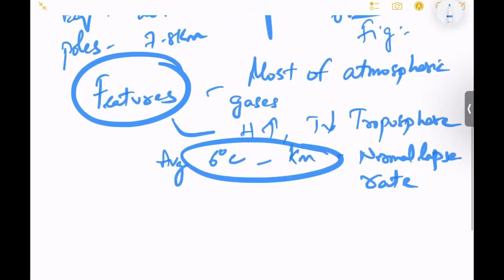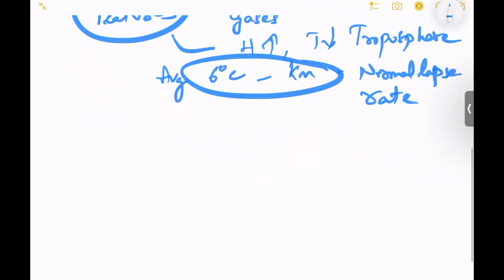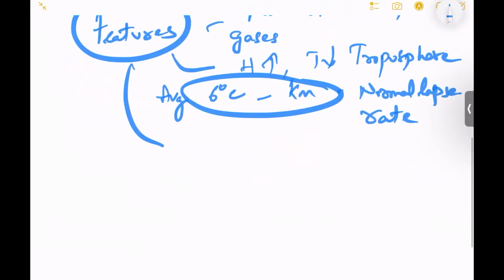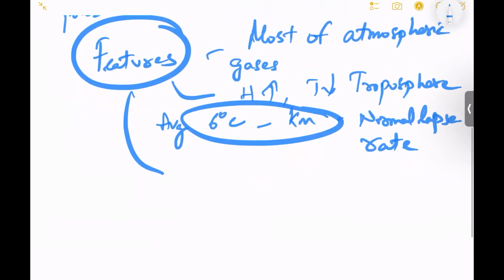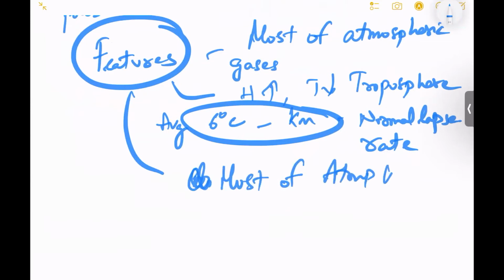Also it is important because it contains most of the atmospheric water vapor. Most of the atmospheric water vapor is in troposphere.